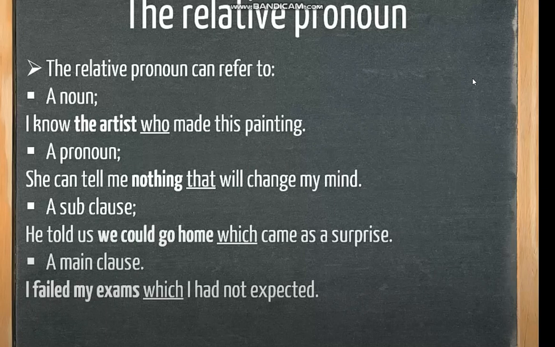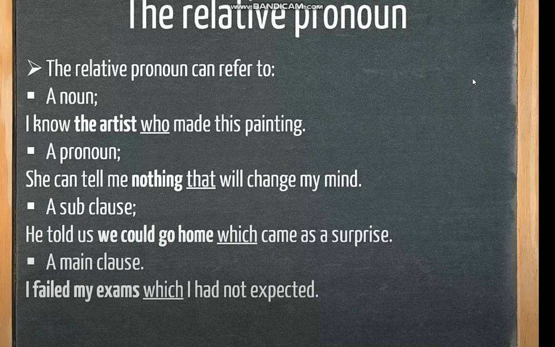So which is a relative pronoun. A main clause: I failed my exams. In the above sentence, came as a surprise was a subclause. Then in the next sentence, I failed my exams was a main clause, and which worked as the relative pronoun. So along with a noun, a pronoun, a subclause and a main clause, different types of relative pronoun are being used.